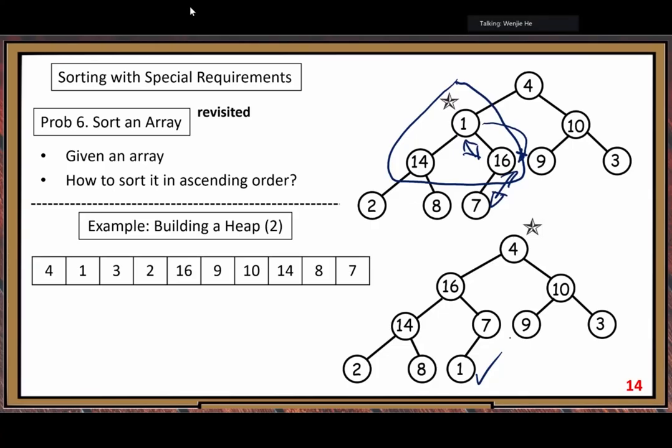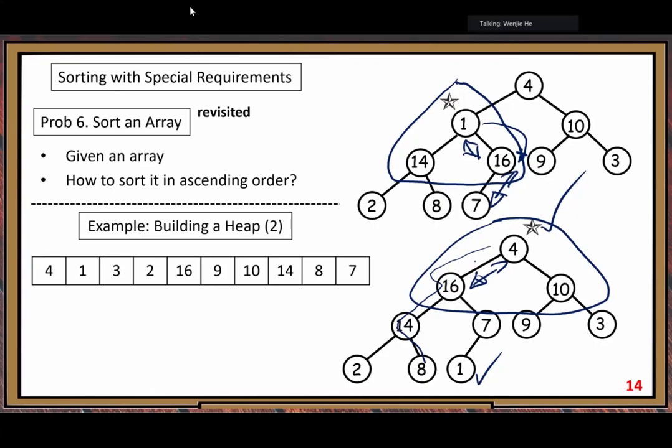Then we move one level up. That's our last local triangle. It is also dirty, so we do another swap. But we need to follow this dirty node all the way down to the bottom level, because you need to keep checking, following this dirty node until it becomes clean. Then you can stop.